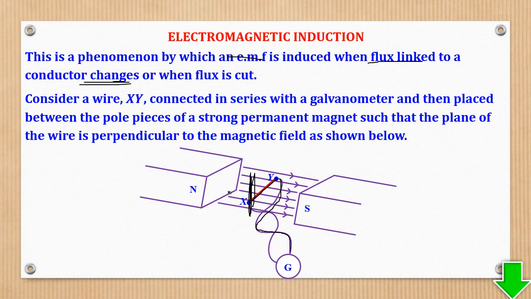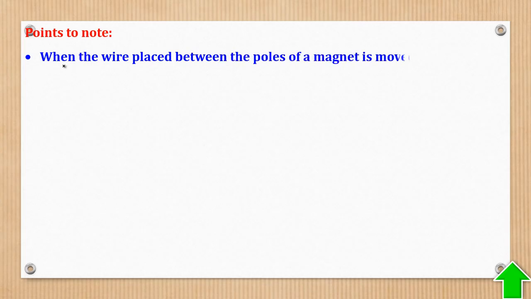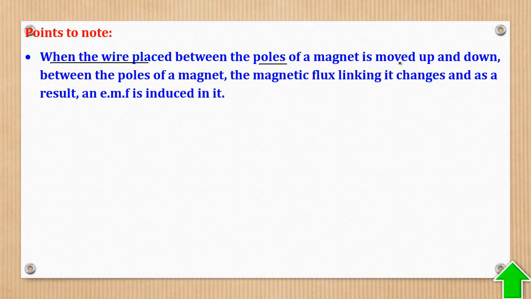So in short, each time a magnetic flux linkage changes, an EMF has to be induced. And when an EMF is induced, a current has to be induced also. So with that we can write the following. 1: when the wire placed between the poles of a magnet is moved up and down between the poles of a magnet, the magnetic flux linking it changes, and as a result an EMF is induced in it.